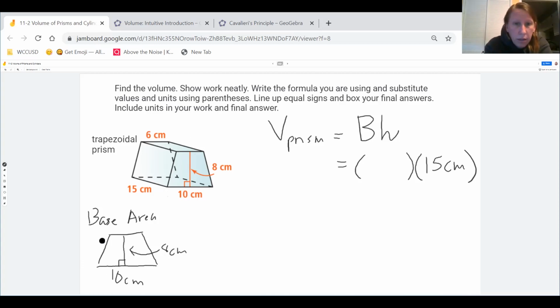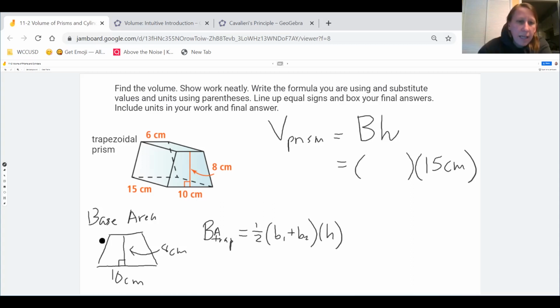Does anyone remember? That's a tough one, huh? Okay, you might have to look it up. It is half base 1 plus base 2 times height.